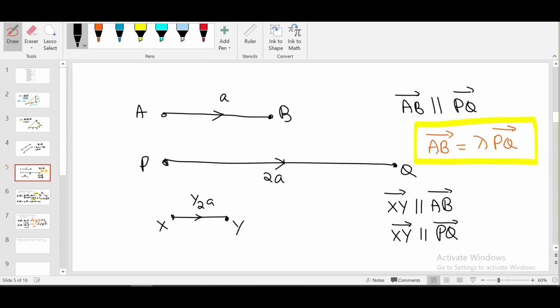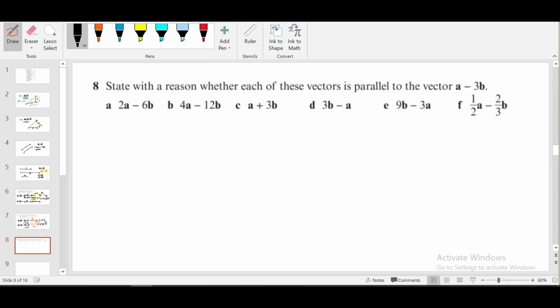Yeah. Okay, now you have this vector A minus 3B. The first one is 2A minus 6B. If you multiply this vector by any scalar, in other words any real number, do you think you will get this vector?